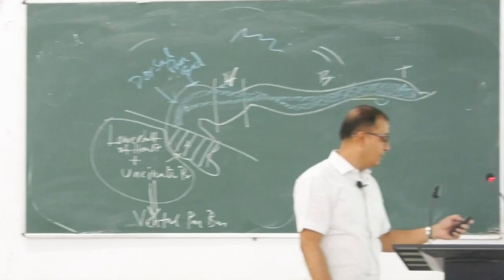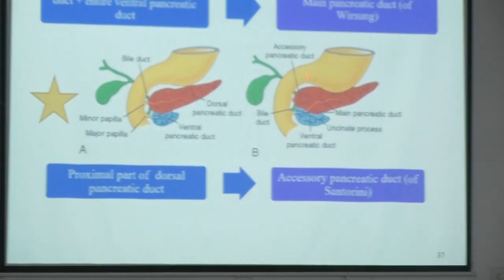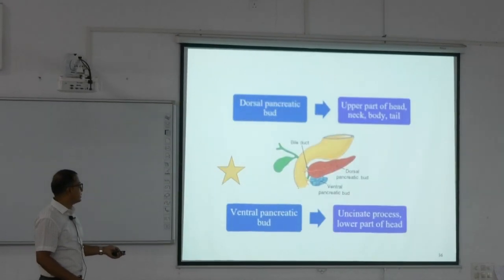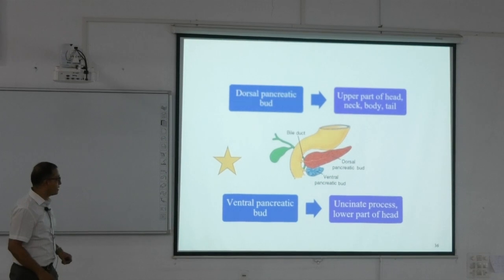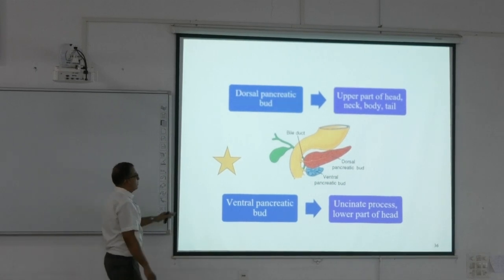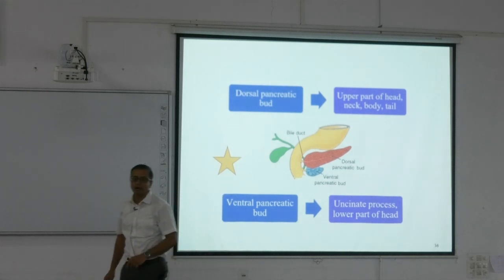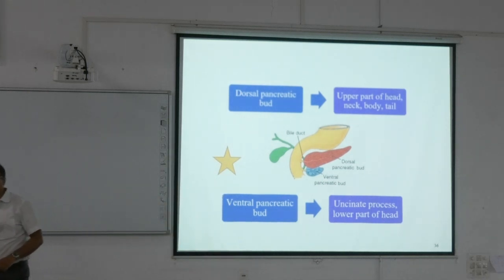Once it grows under, it gets together, becomes sticky at the end, and joins the whole pancreatic bud. So this is how we get the fused pancreatic bud, going under and below with the rotations of the stomach and the duodenum, giving rise to these particular parts of the bud.